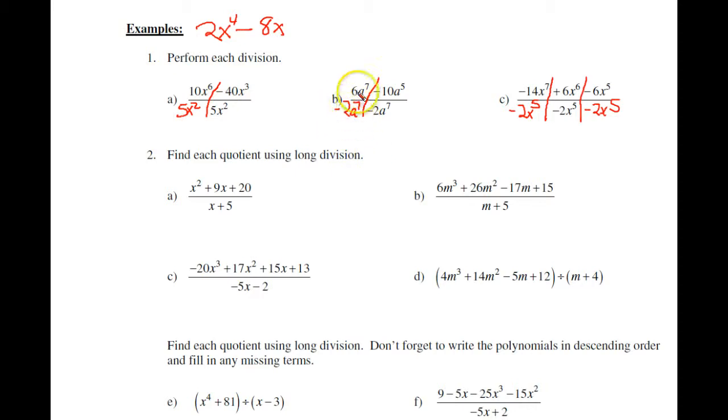So here this is a negative, so this will be a negative 3. And then the x to the 7ths cancel out. And this is going to be a plus. Now 2 will go into 10 5 times.